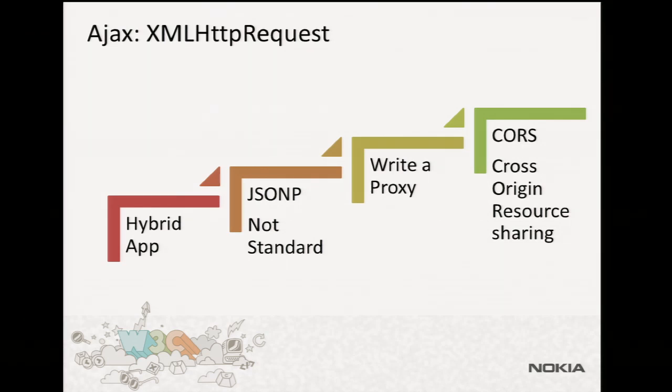JSON-P, you might know, is a unique way of using JSON data in a cross-domain environment. A lot of these online APIs like Flickr and Yelp provide this JSON-P data format. So if you're creating an app for them, if JSON-P is available, that's the way to go. And of course, if other options are not available.